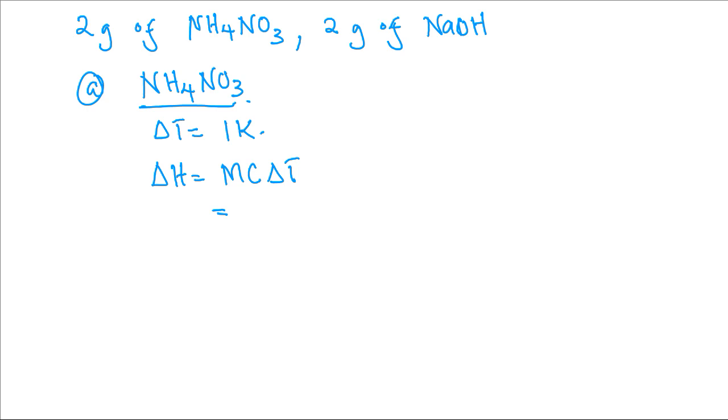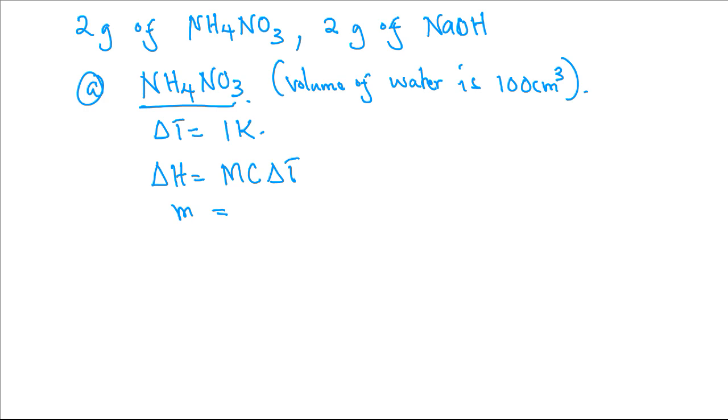So the mass of water used is 100 cubic centimeters as the volume, and that implies that the mass is 100 grams, remembering that the density of water is 1 gram per cubic centimeter.